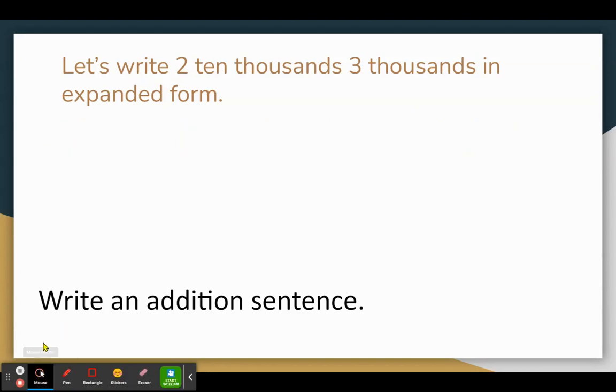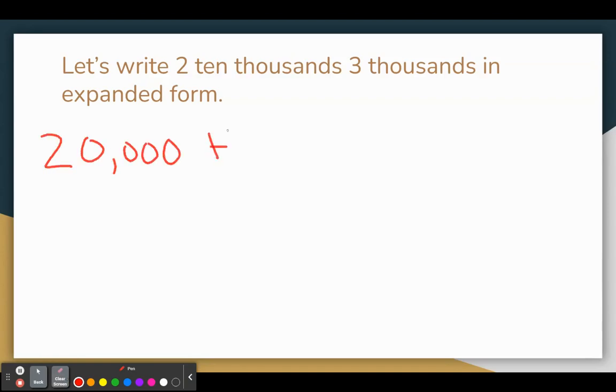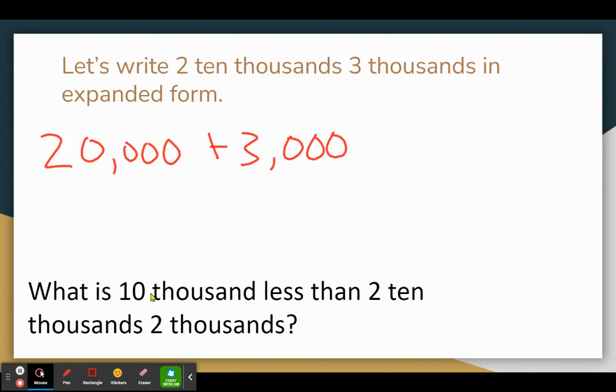Okay, now let's go ahead and see if we can do this in a different way. So we're going to write two 10,000s, 3 thousands in expanded form. So I'm going to do that right now. So I have 2 10,000s plus 3 thousands. That's going to be an expanded form. So now we have to find out what is 10,000 less than 23,000.